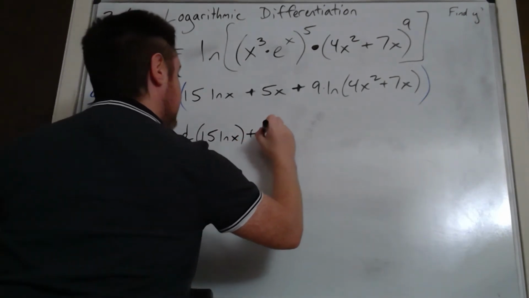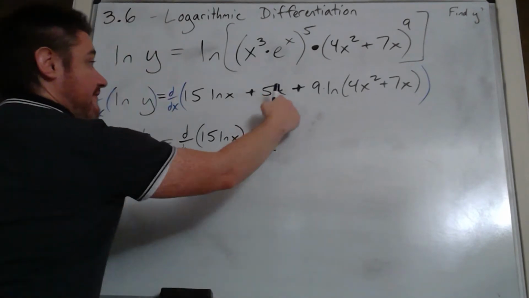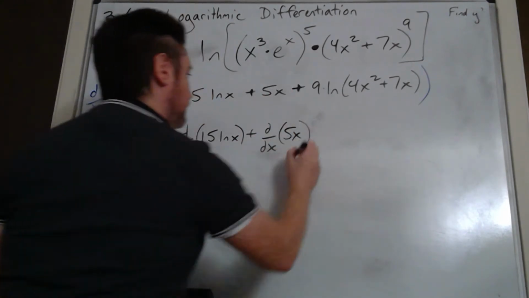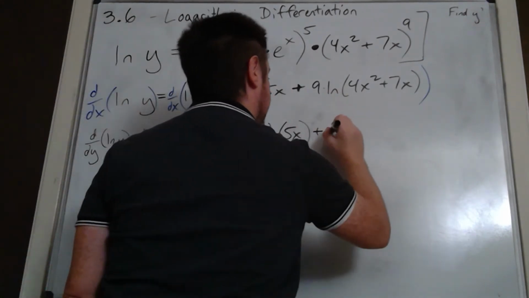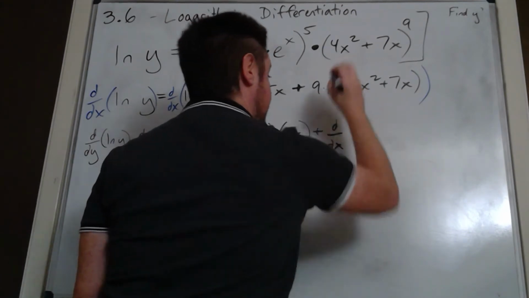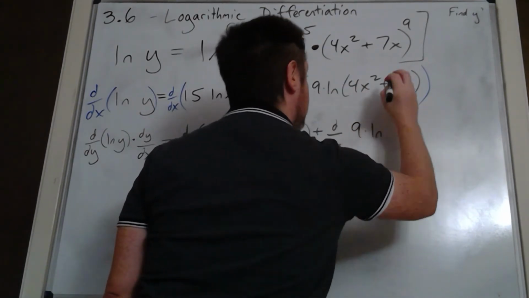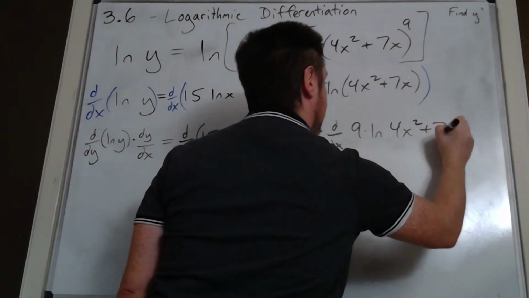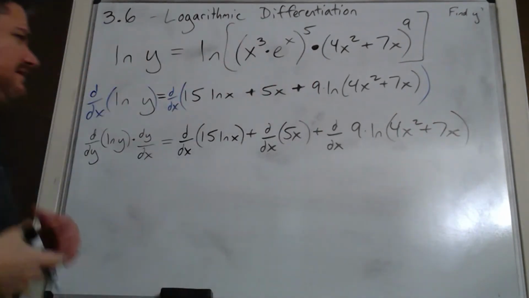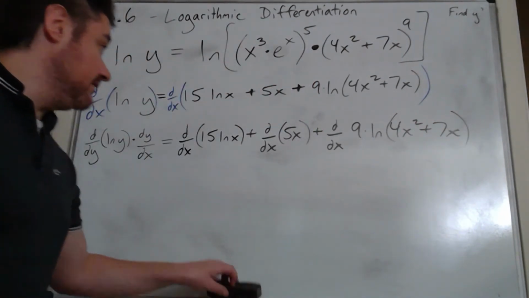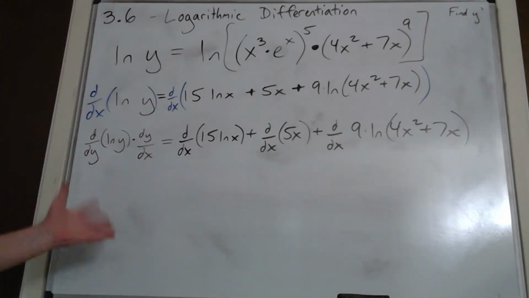Then plus the derivative with respect to x of 5x. And then plus the derivative with respect to x of 9 times natural log of 4x squared plus 7x. There we go. Clean that up a little bit, showing this step by step.